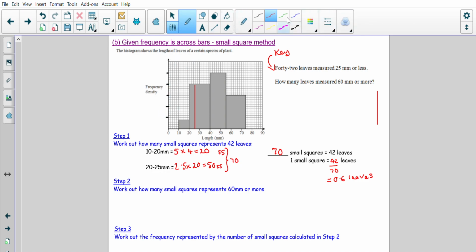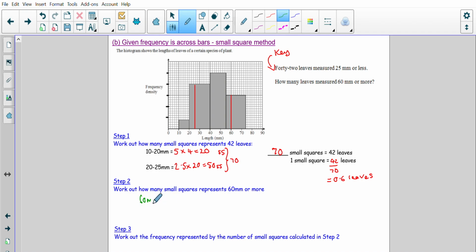So let's have a look then at part B, work out how many leaves represent 60 millimeters or more. So again, the first thing I'm going to do here is put my line in at 60 millimeters so I can divide up that last bar. And now I need the area of this section of the bar that's more than 60 millimeters, and I'm going to get that area in terms of small squares.